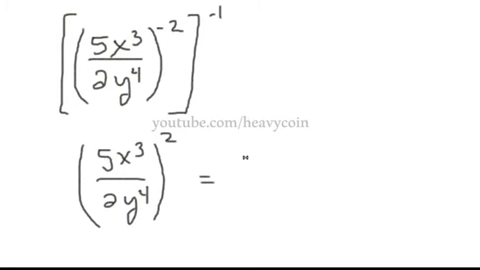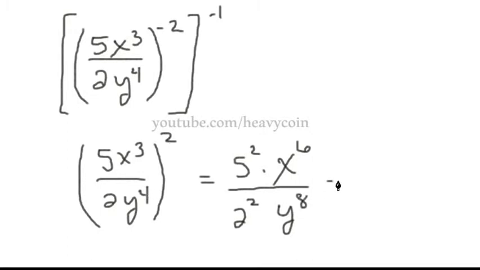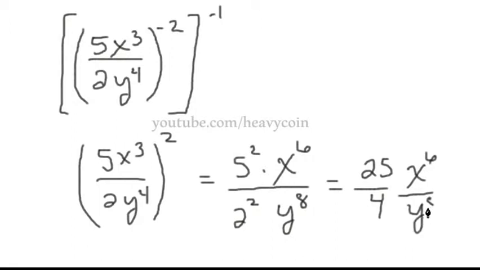So now I can go ahead and write this as 5 squared times x to the 3 times 2, which is 6, over 2 squared and y to the 4 times 2, which is 8. And so we end up with 25 over 4 and x to the 6th over y to the 8th. So that's what you should come up with.